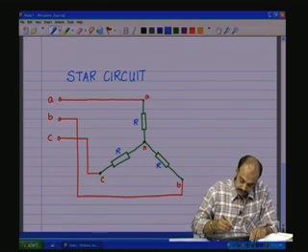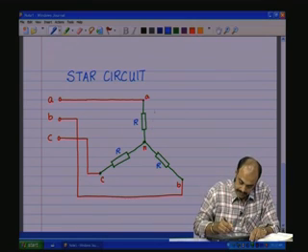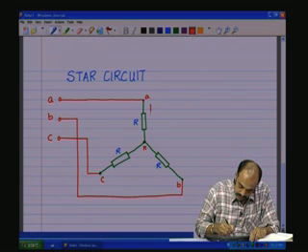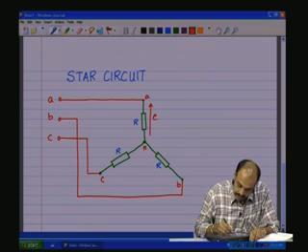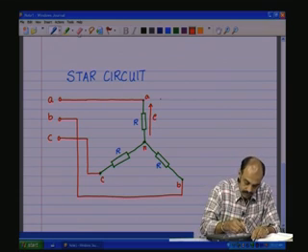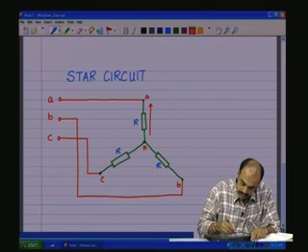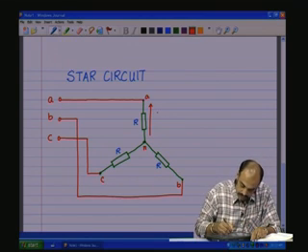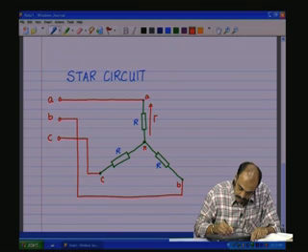Now, we shall say that this voltage here is E A n. Let me take the effective values E A n.